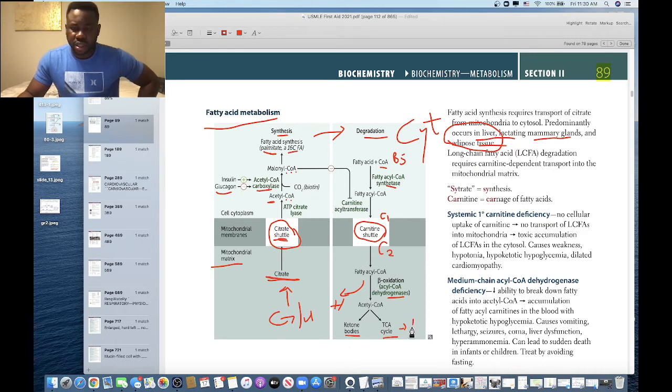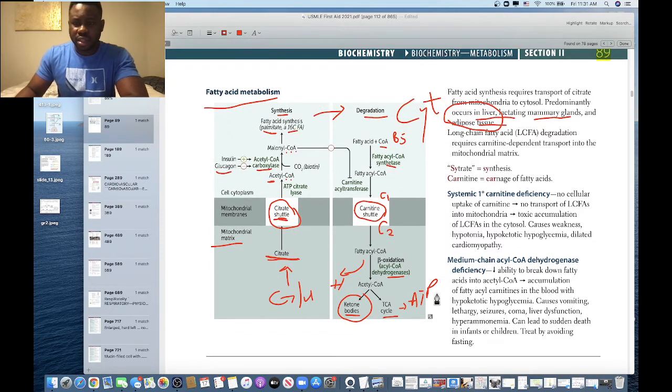So this is the degradation pathway of the fatty acid. And in the next page, we will look at how we use the acetyl-CoA to make the ketone bodies.